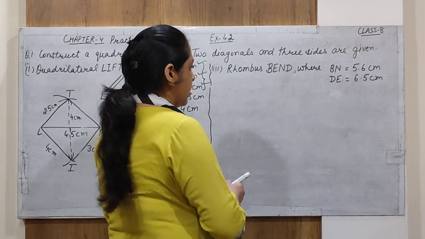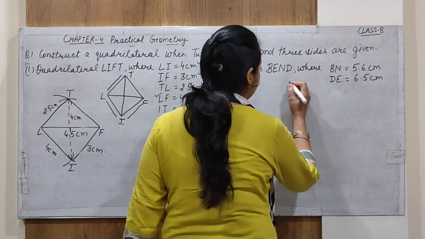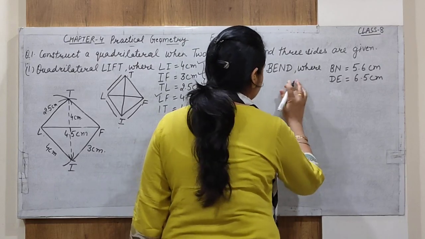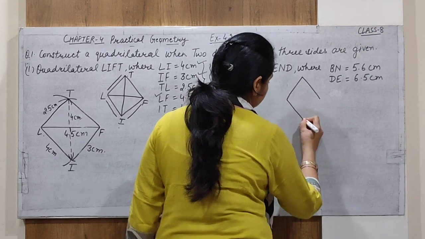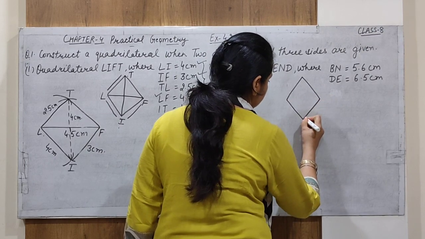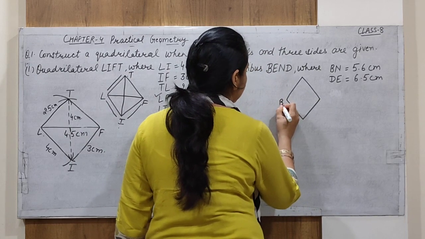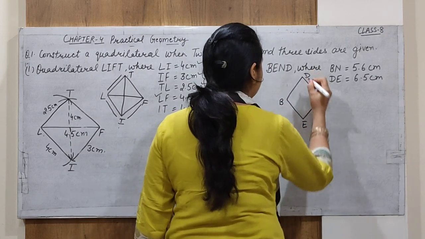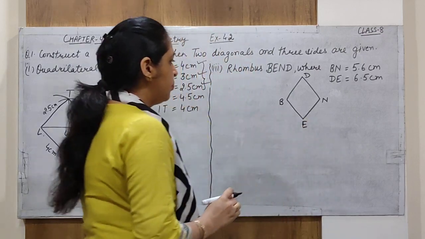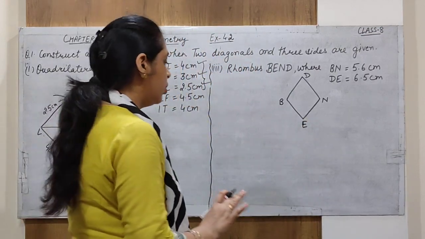So let us draw a rough sketch to understand how we can draw a rhombus. That is BEND. Alright. These are the four vertices of a rhombus.